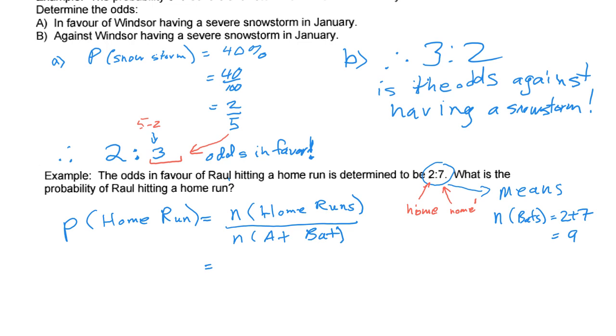In this case, we're going to have 2 for our home runs over 9.